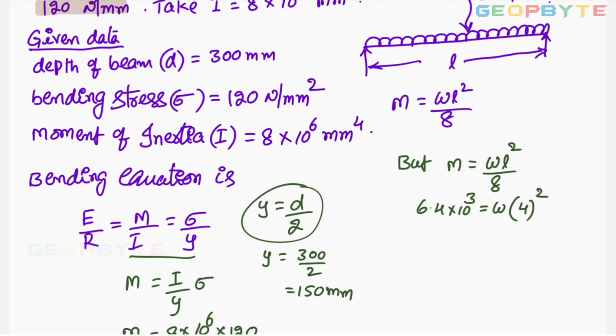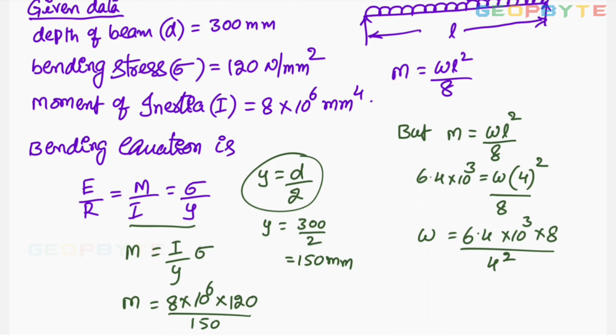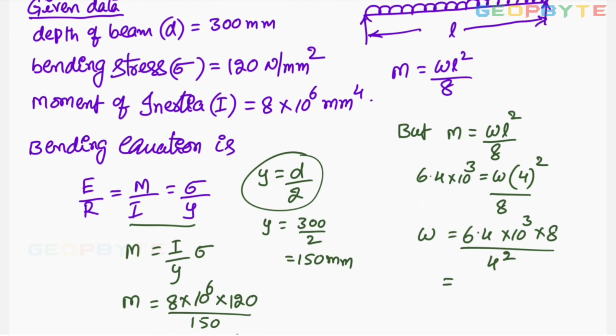square divided by 8. You simplify for W equal to 6.4 into 10 power 3 into 8 divided by 4 square, which is 16. Simplify the value for getting around 3200.